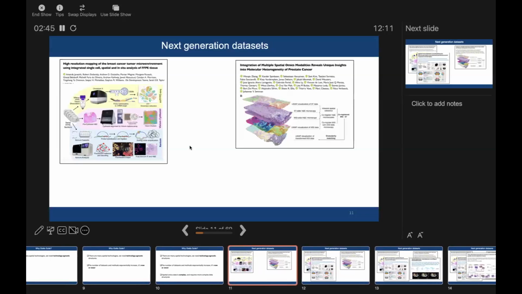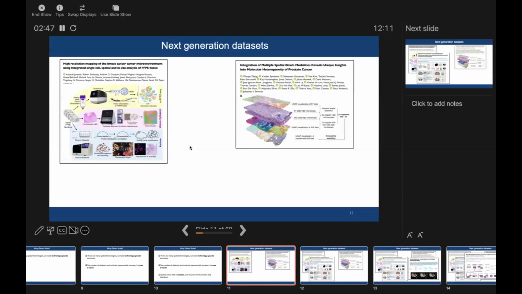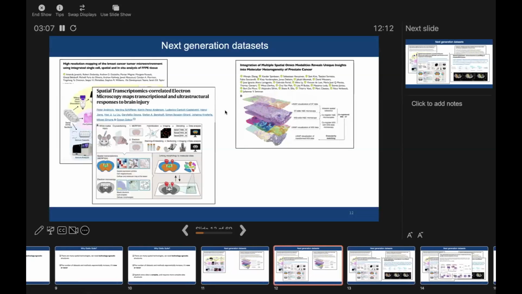Right, so here I'm just giving you a few of what I call next generation data sets. One of them is from 10x, where on multiple different sections of a breast cancer tissue, they apply their Xenium, their Visium, they apply IF. Another similar paper is made by a group in Belgium, where they also have multiple sections of the same tumor. They apply different types of spatial technologies.